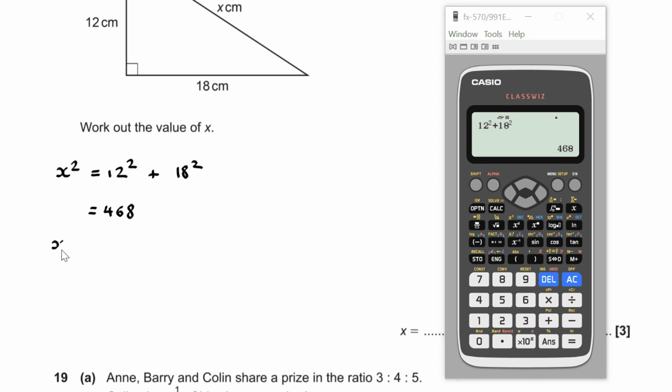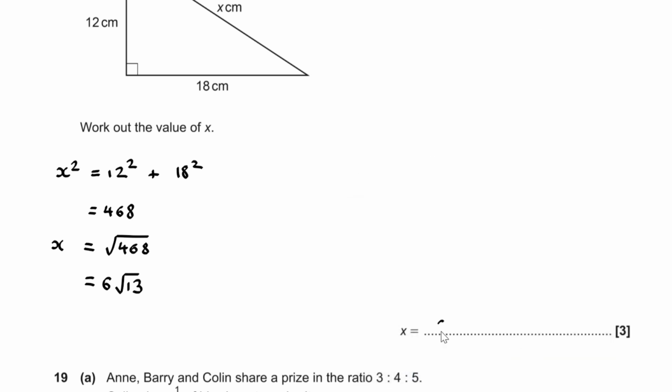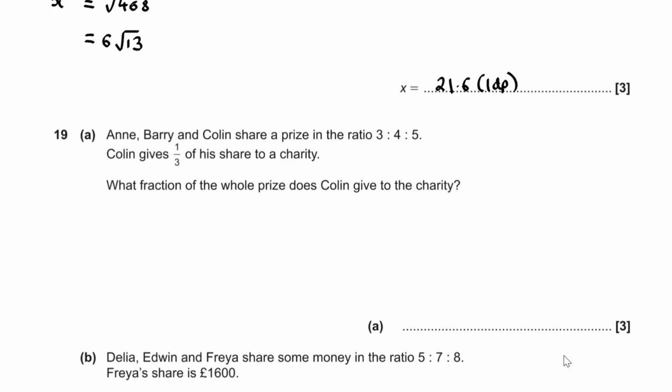Therefore, to work out x, we need to square root the 468. So square rooting this value, we get 6 root 13. And if you want to write this as its decimal equivalent, we end up with a value of 21.6, given to one decimal place.